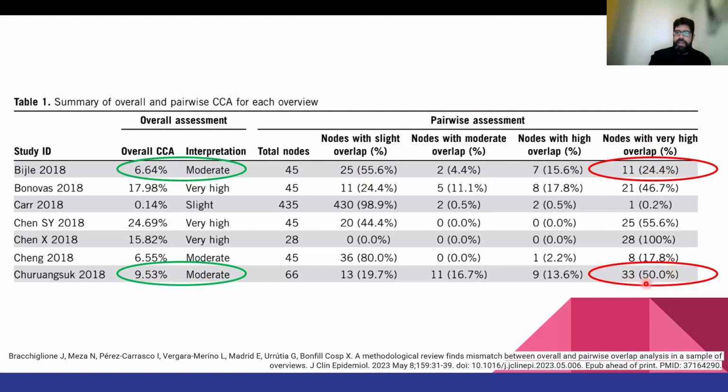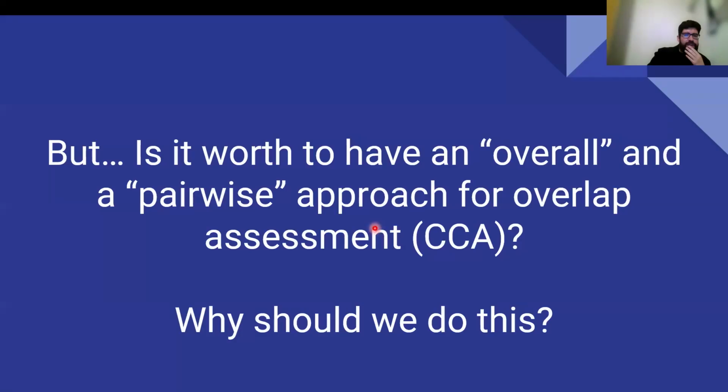So for example, in this case, despite a moderate overall overlap, 50% of the possible pairs of systematic reviews were very highly overlapped. And on the other hand, an overview that had a very high overlap also had an important proportion of specific pairs of systematic reviews that did not overlap. So it is quite different to have an overall CCA and a pairwise CCA.